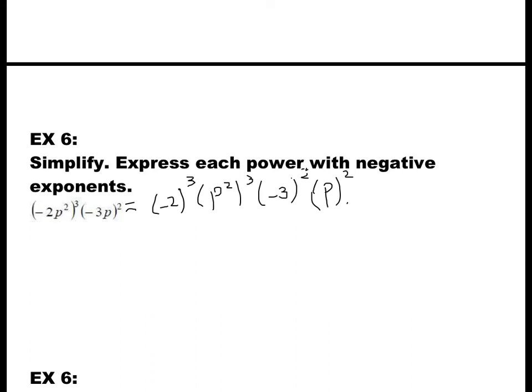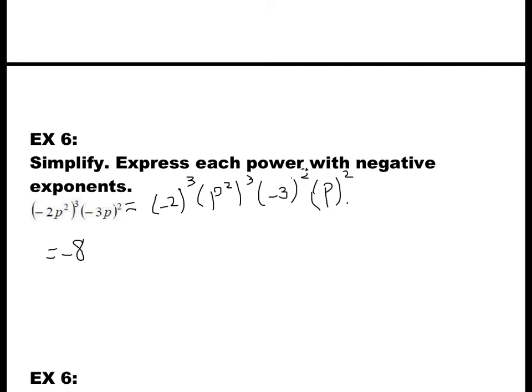That's all I'm doing. Now, negative 2 exponent 3 means negative 2 times negative 2 times negative 2. If you do it on your calculator, you get negative 8. Remember, a negative number with an odd exponent gives you negative. A negative number with an even exponent gives you a positive number.